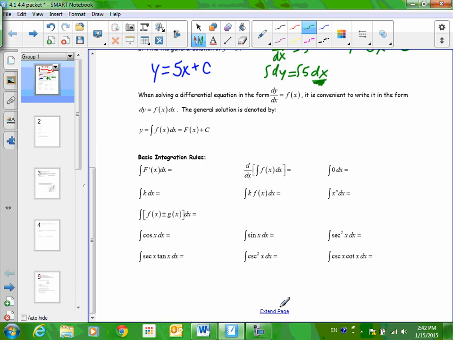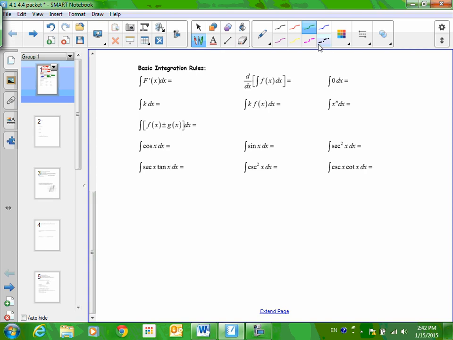Basic integration rules. All right, so first of all, integration and derivative cancel each other out. You are left with just whatever was there, plus c. And I have to write the plus c because although I am deriving, what am I doing last at the end? Basically, what do you think the order of operations is?